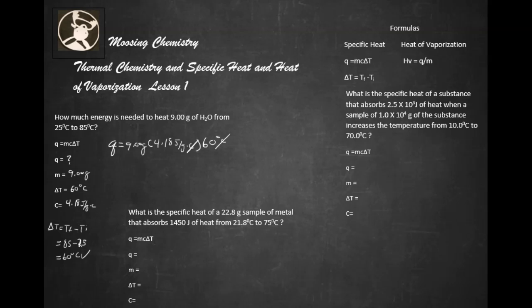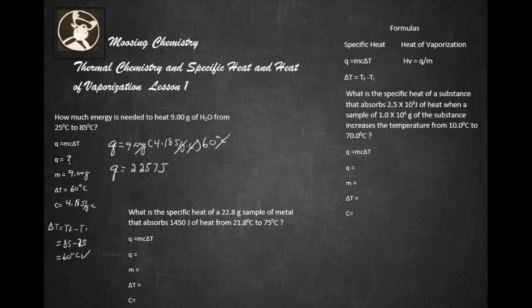So Celsius cancels, grams cancel, and the Q value is going to equal 2,257 joules of energy is needed to change it from 25 degrees Celsius to 85 degrees Celsius.